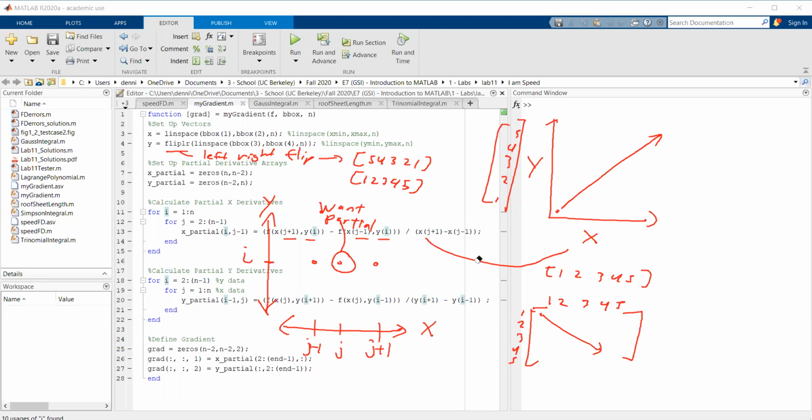Let me get rid of some of this stuff for clarity. Now, to get the partial, we're just going to take the average of this point and this point. So that's where this j plus 1 and j minus 1 come from. It's like the 2-dimensional analog of what we did in 1.1.